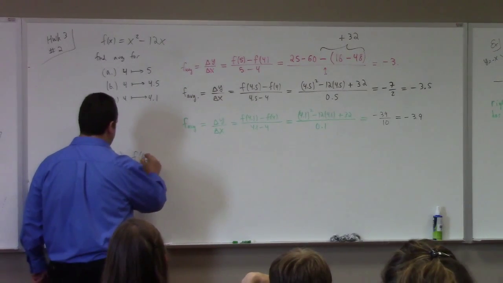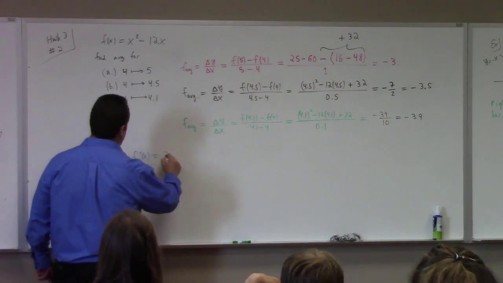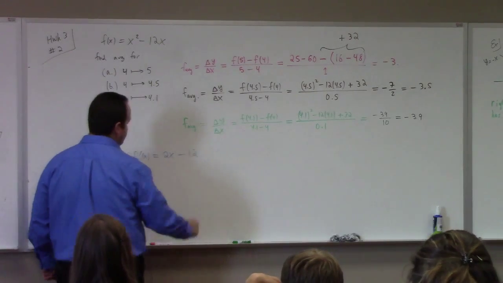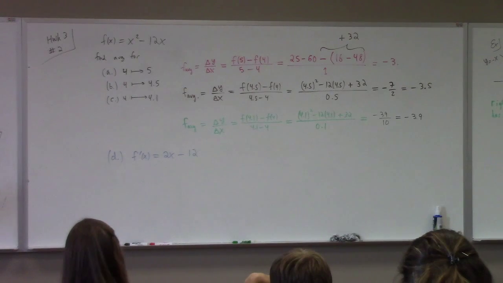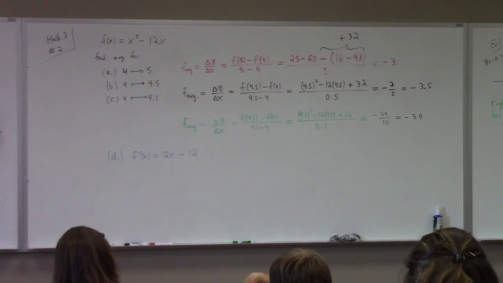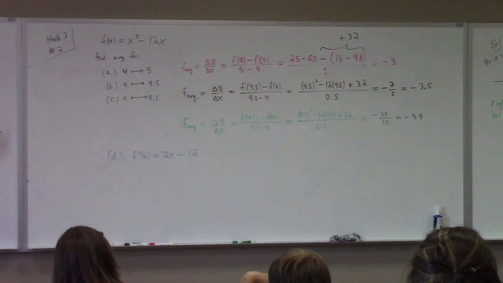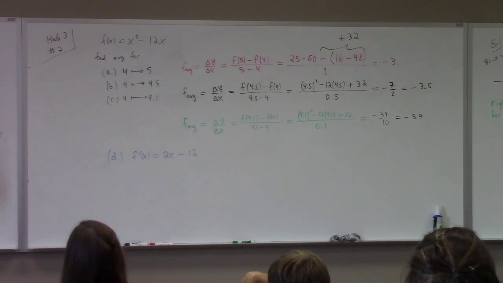F prime of x. 2x minus 12, right? We can use the power rule and linearity: x squared differentiates to 2x, minus 12x differentiates to minus 12. You guys with me?